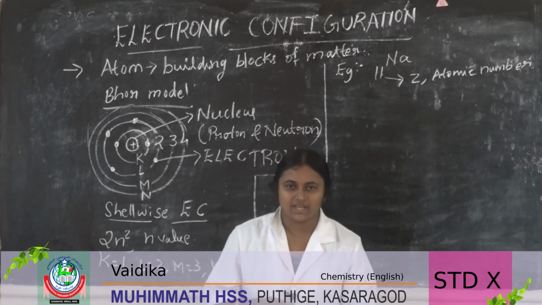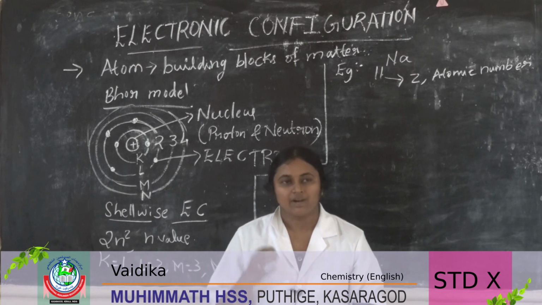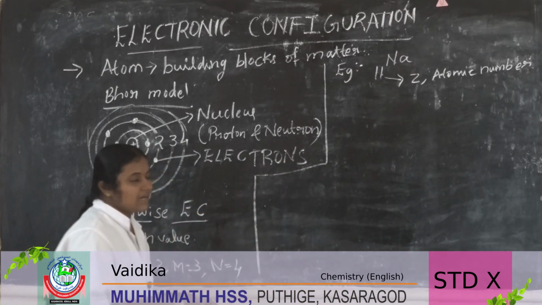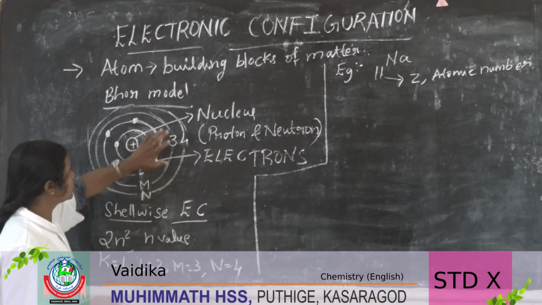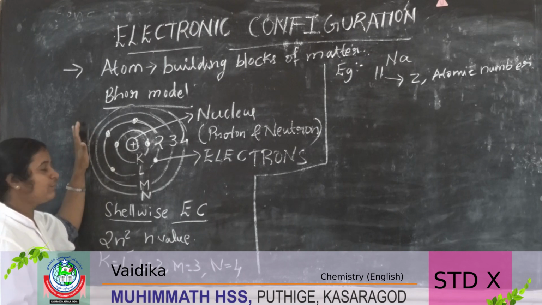In Bohr's theory, he explained the structure of the atom. So what are the important points of that theory? Let us see what they are. He gave a structure of the atom.